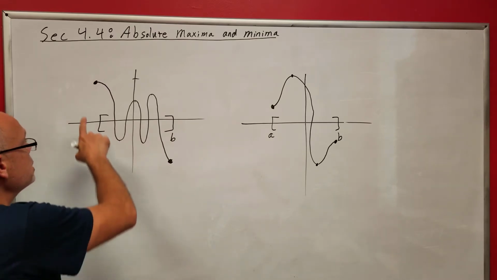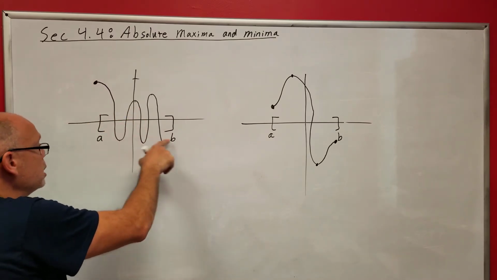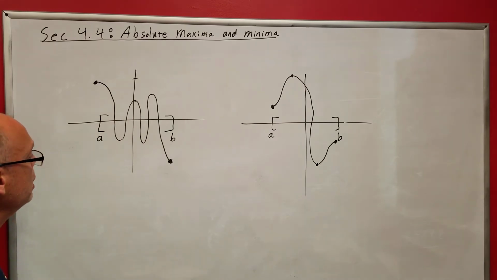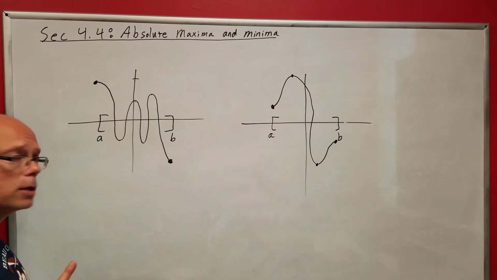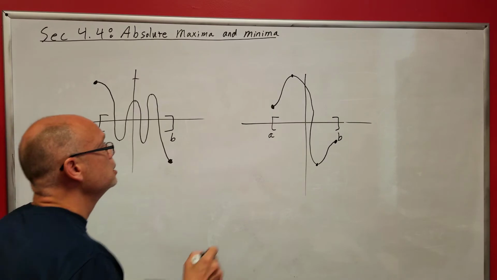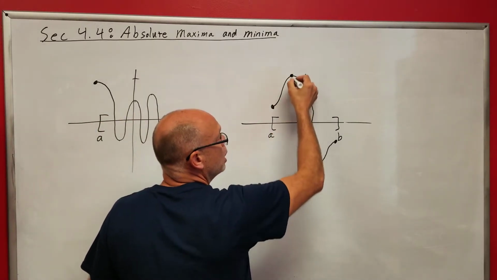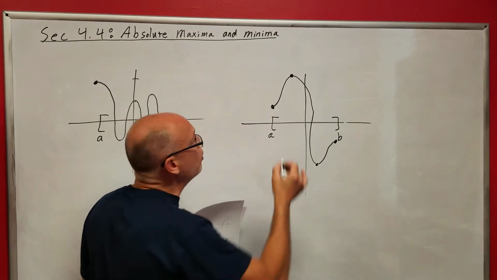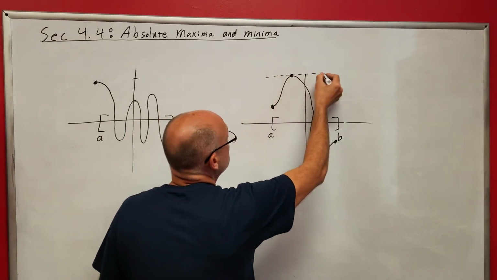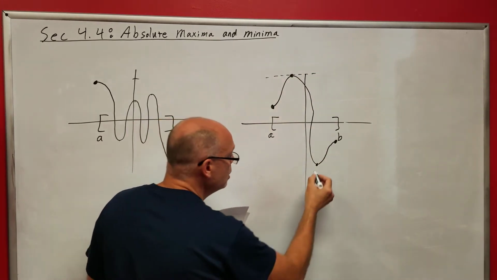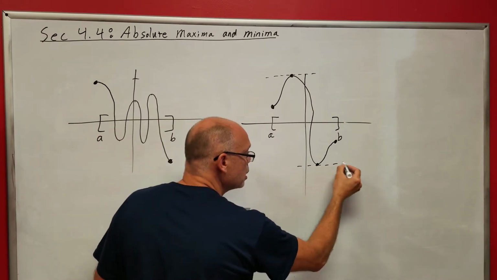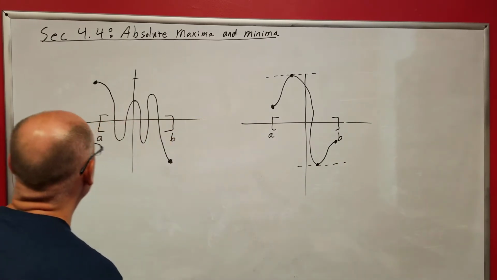But the point is, if I have a continuous function on a closed interval like this, A to B, where can my absolute max and min occur? In this example it occurred right here, right? At what? A critical point, right? Because that's where my derivative was equal to 0. Right here, my absolute min occurred at a critical point where my derivative was equal to 0.